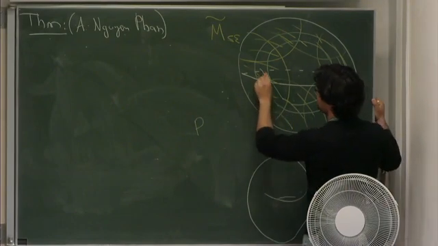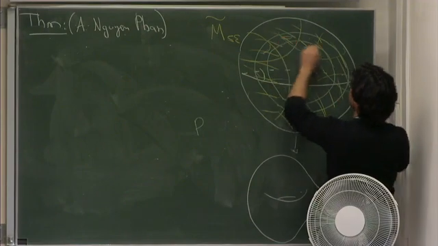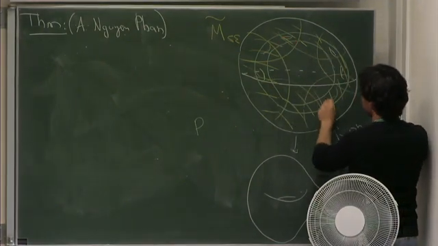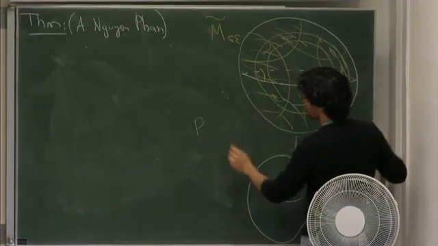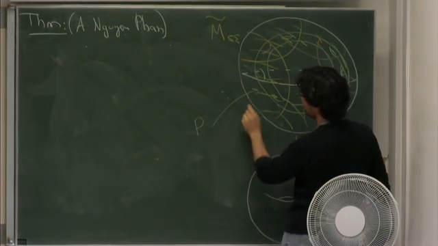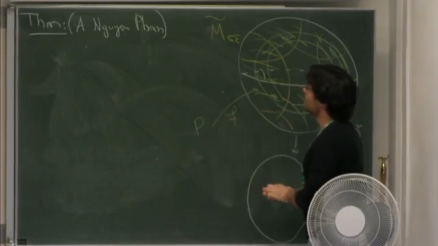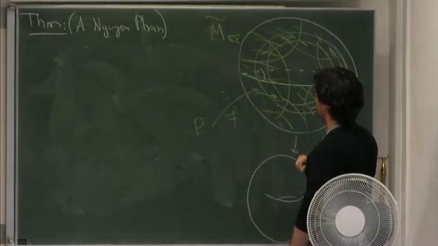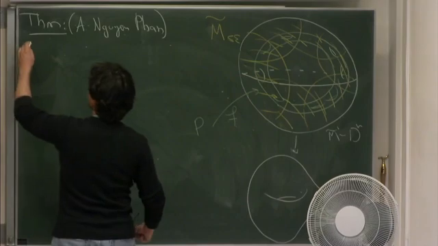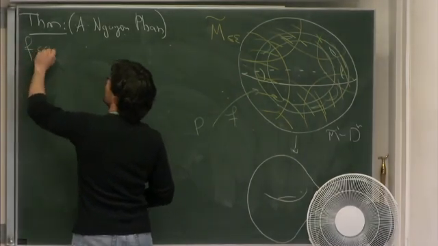So in this picture, it's going to look like some sort of surface. It's a map from a finite polyhedron into this thin part. Let me call it F. Then the theorem is that this map F can be homotoped.